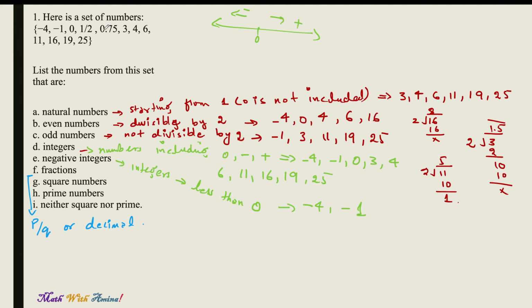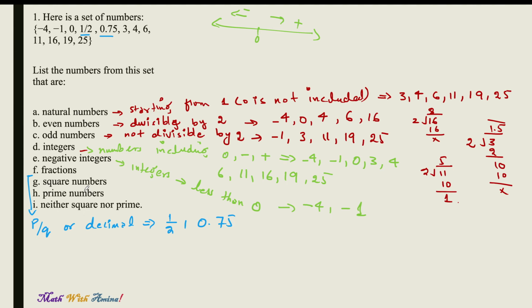So in the set, as we can see, we are having two numbers, 1/2, which is written in the p by q form, and 0.75, which is in the form of a decimal. So therefore, the fractions from the given list are 1/2 and 0.75.